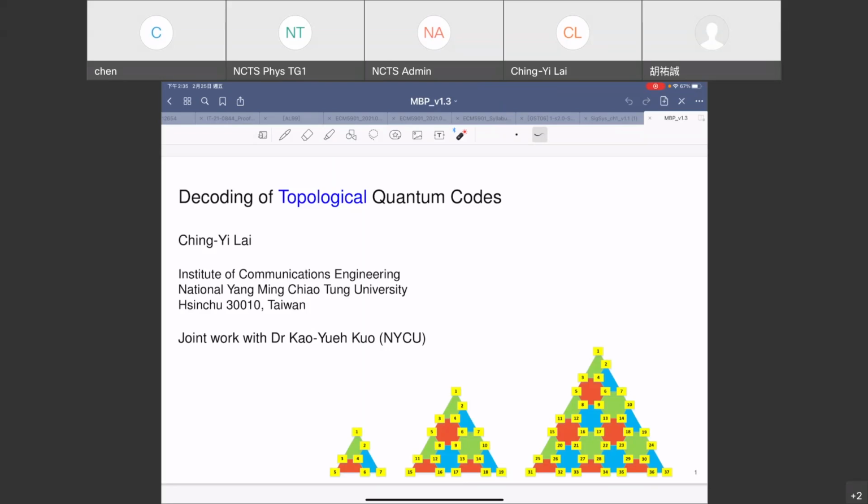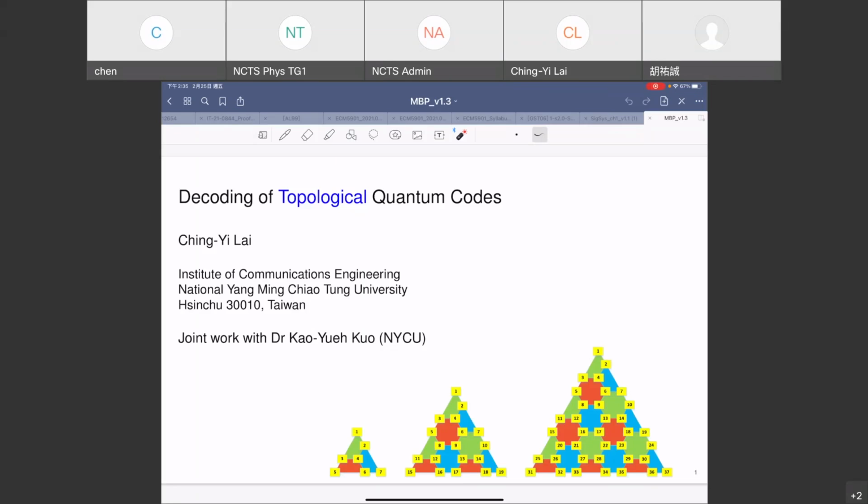So we want to apply this to quantum codes. A quantum state will be protected by some mathematical structure, such that if some errors occur, we will be able to detect the errors and maybe do some recovery. Okay, that's the basic idea.